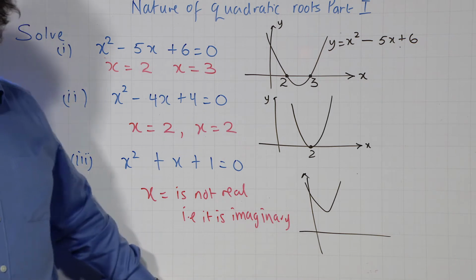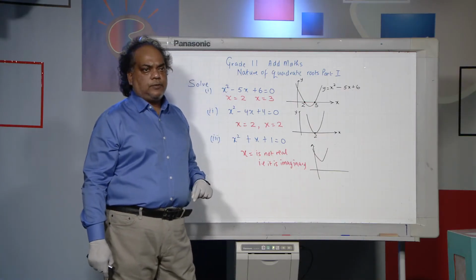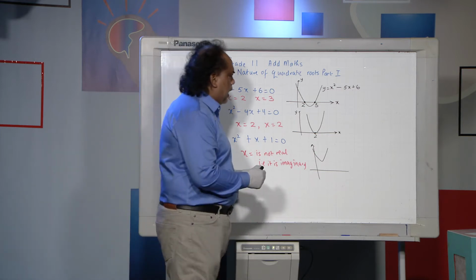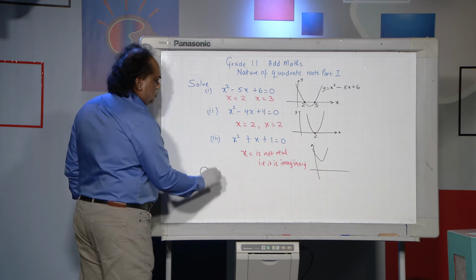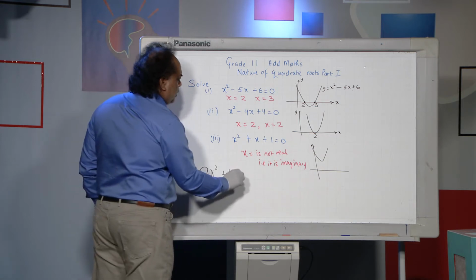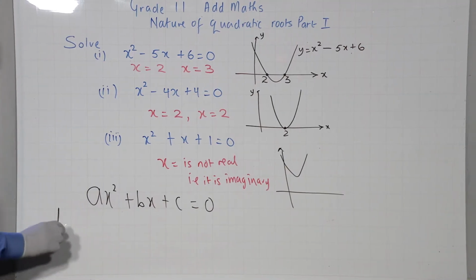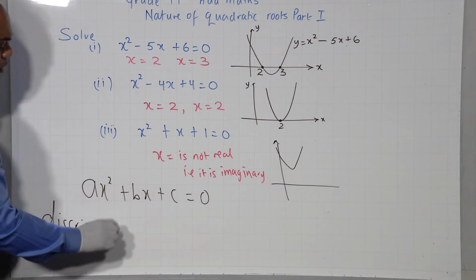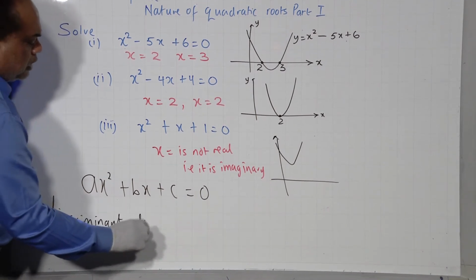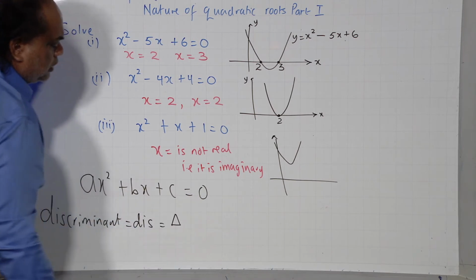Can I predict that? That's the whole aim of this chapter. Yes, we can. How? For any quadratic equation, we calculate the discriminant, which we also write as dis or using a triangle.